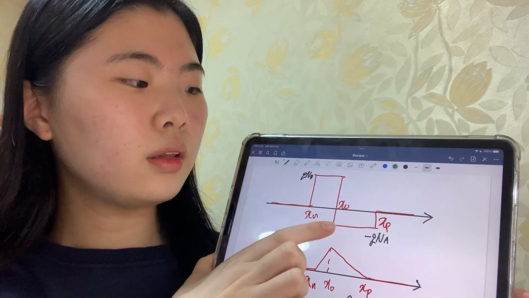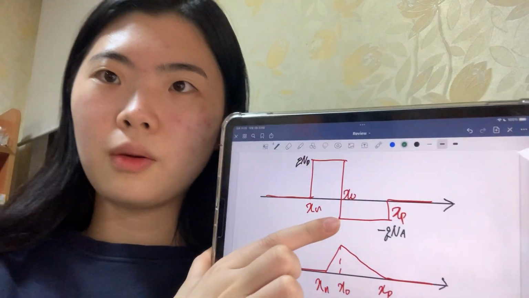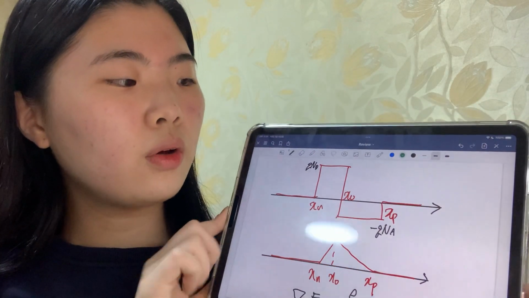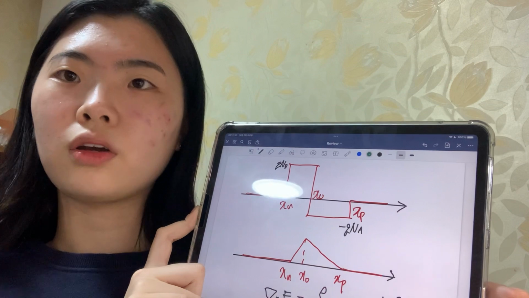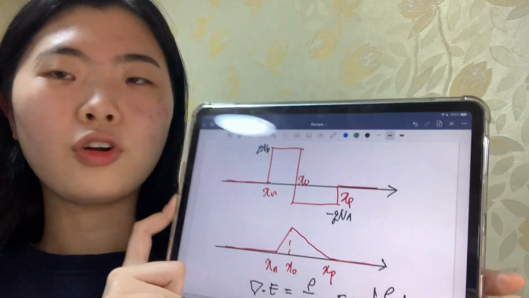We can draw a graph based on minus q multiplied by the number of acceptors. So we can calculate the charge density and draw a graph like this.